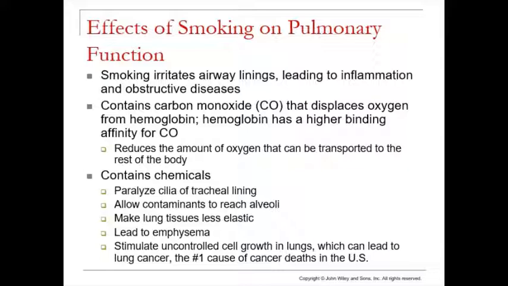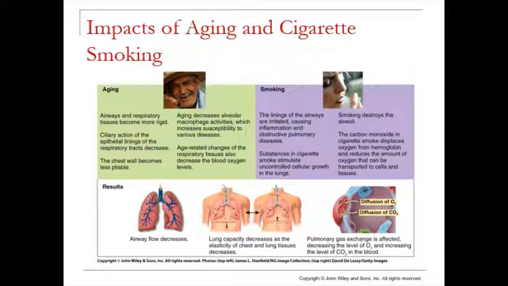And then we already mentioned earlier, some of these chemicals in cigarettes can even lead to uncontrolled cell growth. It could lead to cancer. So these are just a few of the things that have a negative effect on your respiratory system. Things like old age, where you'll get stiffening of lung tissue and chest tissue, and smoking, bringing in lots of chemicals that have negative effects. So that's your respiratory system.